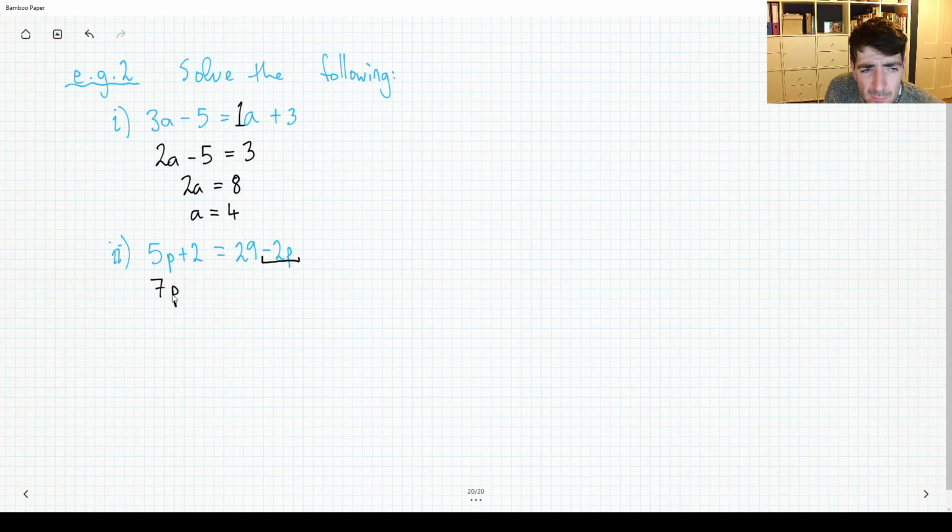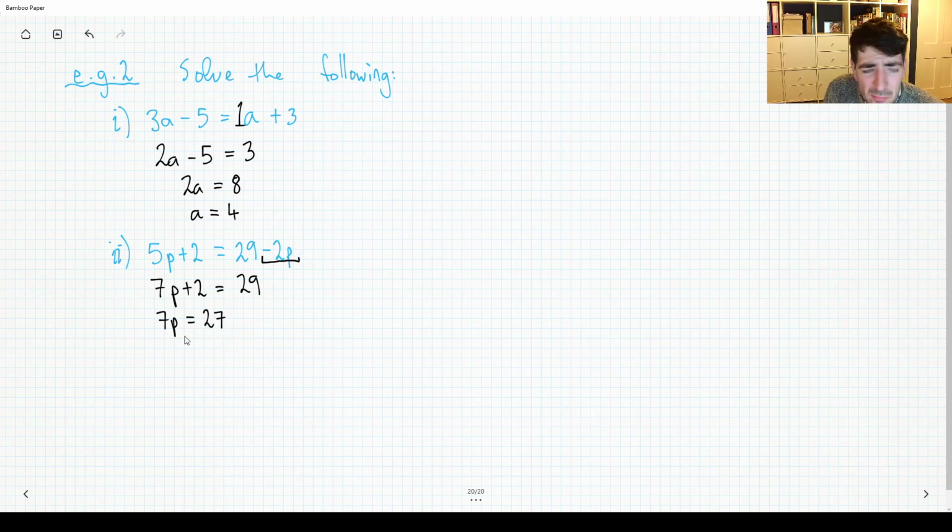So we get 7p add 2 equals 29. It's all about opposites. So because this one is a minus 2p, we're going to add 2p. Then we're going to subtract 2, again opposite, so the opposite of add 2 is to subtract 2 from both sides. So we're going to get 7p equals 27.